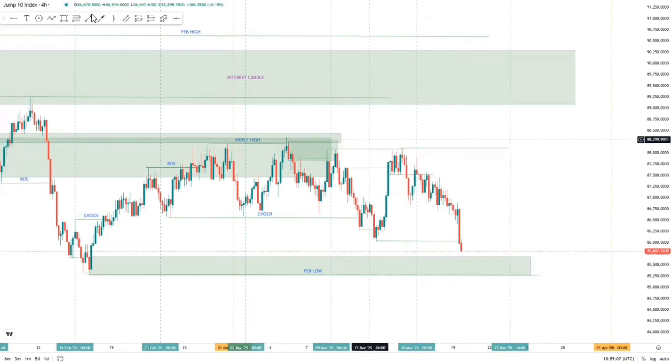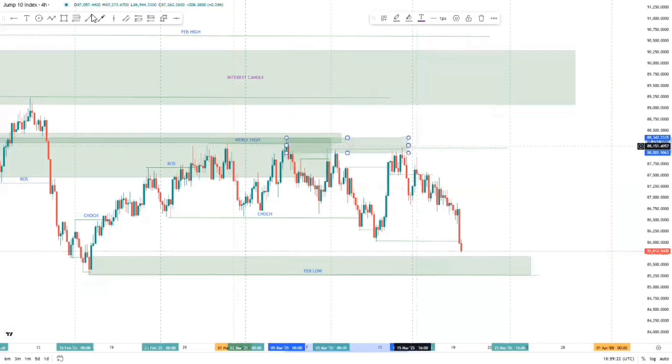And we had this guy here. This sponsored candle here, it took liquidity. This sponsored candle here. You see, that was the end. So the entry was from here.